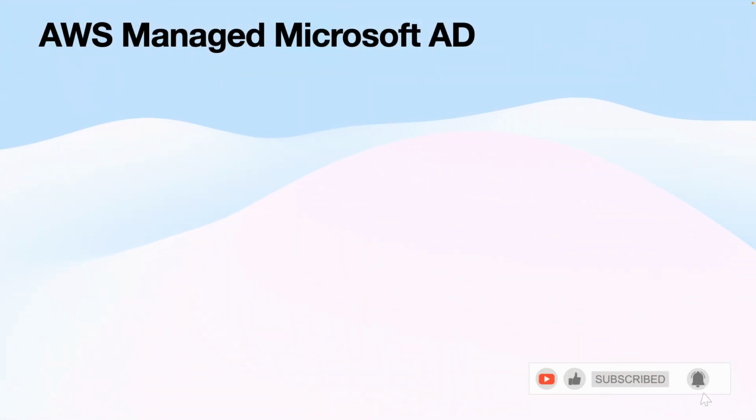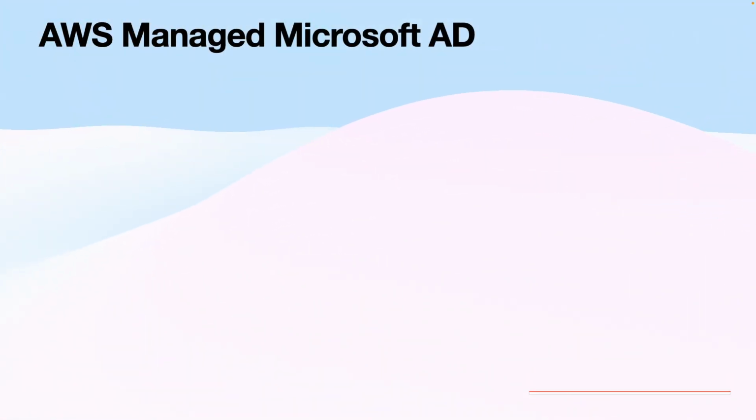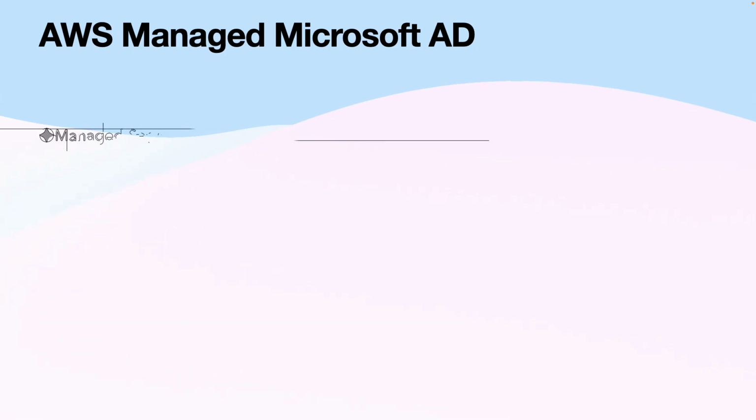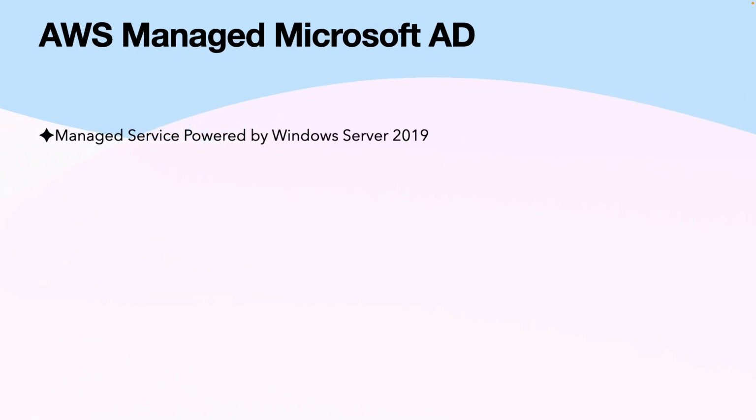Now let's look at AWS managed Microsoft AD in a little bit more detail. AWS Directory Service for Microsoft Active Directory, also referred to as AWS Managed Microsoft AD, runs Microsoft Active Directory as a managed service powered by Windows Server 2019, and it is highly available.